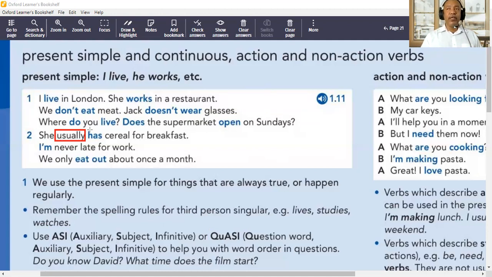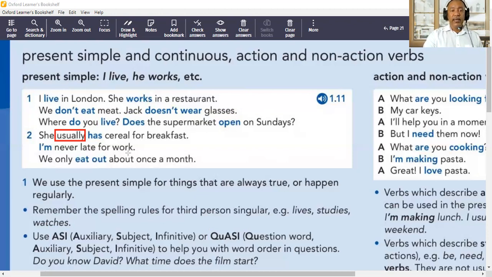I'm never late for work. She's usually on time for classes. He is hardly ever sad. Okay, so verb to be, and then the adverb.